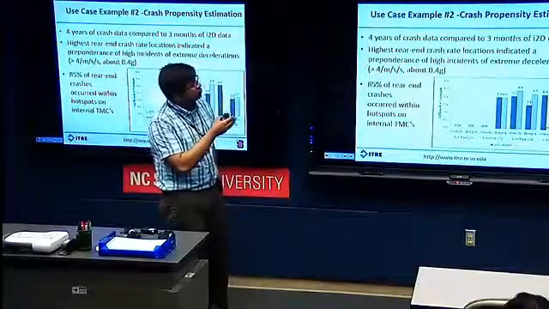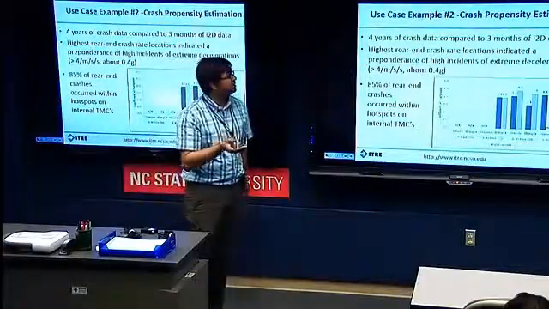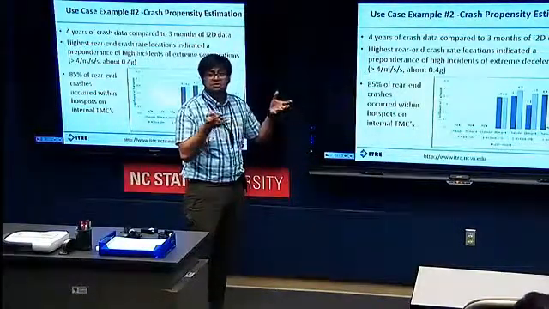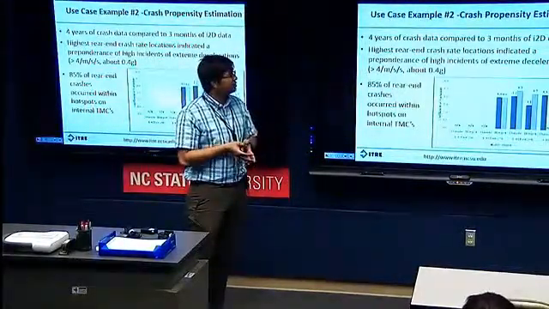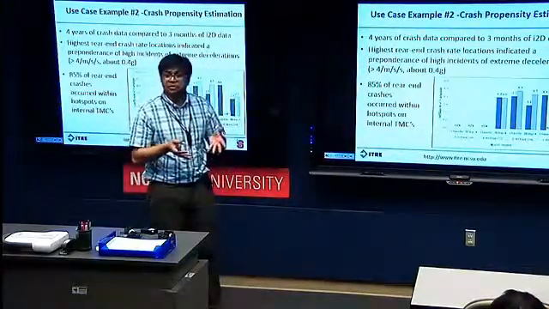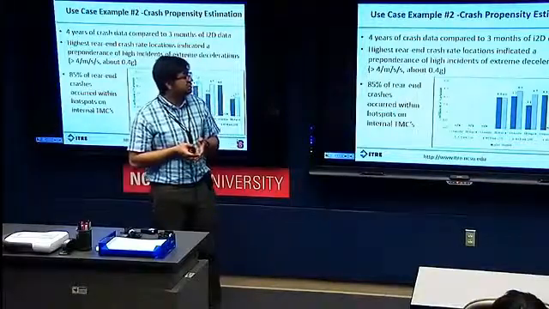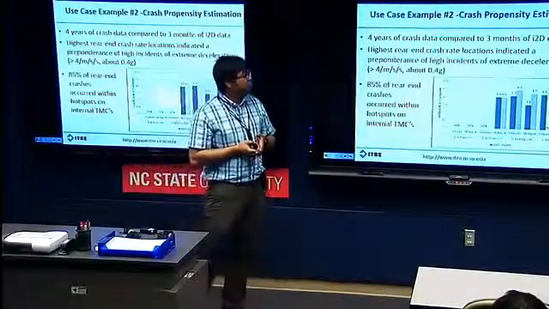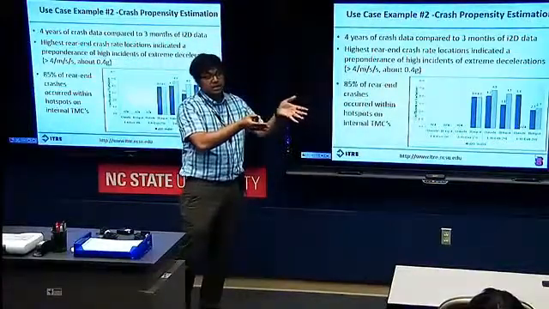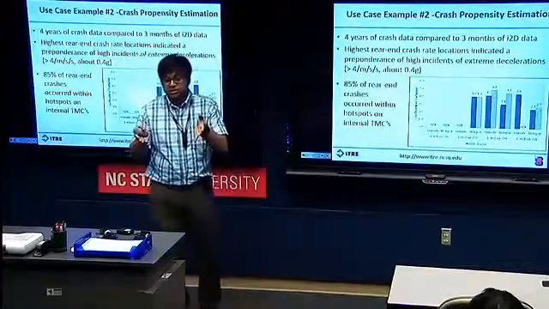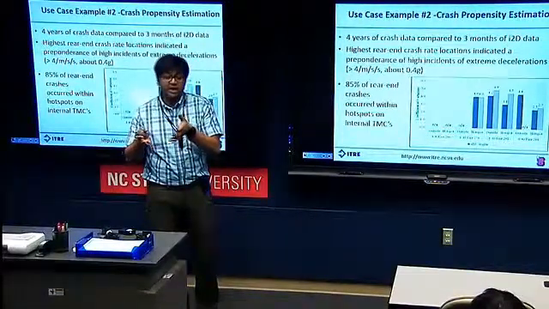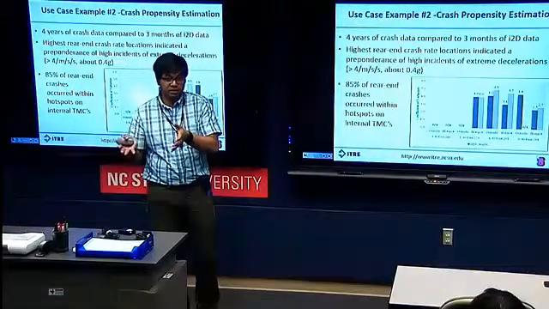This is another example where we looked at the crash propensity estimation. Basically, we used 3 months of I2D data at different locations, and we looked at crash data from the NCDOT crash database, and we looked at the correlation of the real crashes happening at a location with the percentage of time high deceleration events are happening there.